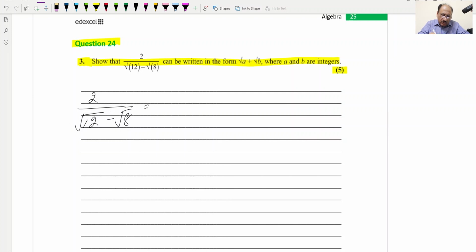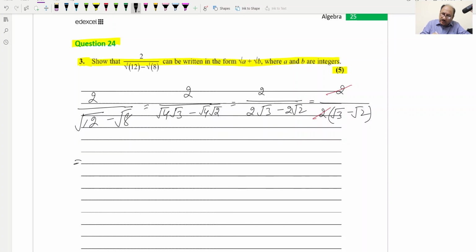So what we can write, 2 over 12, we can write 4 under root into 3 under root, and minus this one we can write 4 under root and 2 under root, and this will be equal to 2 over 2 under root 3 minus 2 under root 2, and this further we can write as 2 over 2, we can take common, and this will be under root 3 minus under root 2, and further we can cancel this 2 with this 2, and our question will simplify to this new format, which is this one.